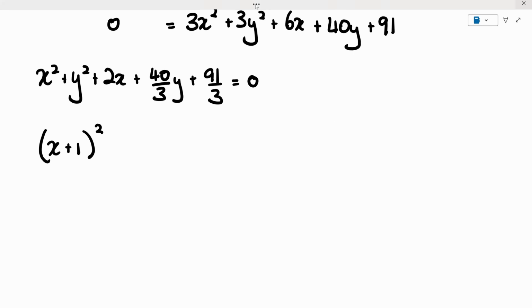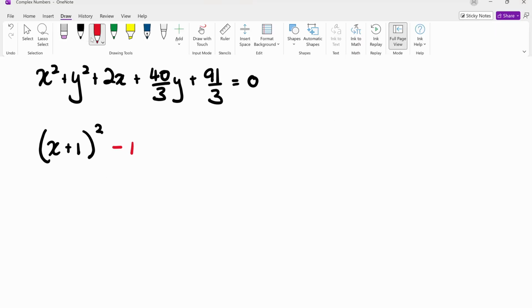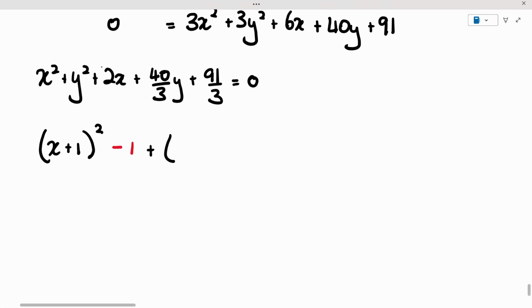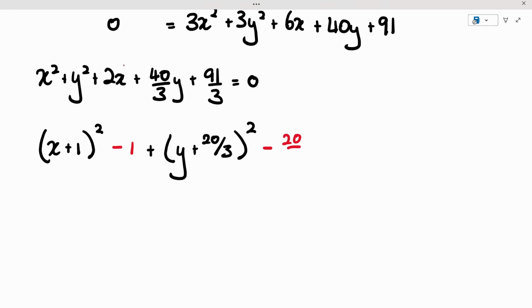So we have an extra 1 that we don't need, so we just minus 1 plus, and do the same thing with the y, plus 20 over 3 squared. And when we expand this, we'll get y squared plus 40 over 3y plus 400 over 9. So 20 over 3 squared. So we minus now 20 over 3 squared.